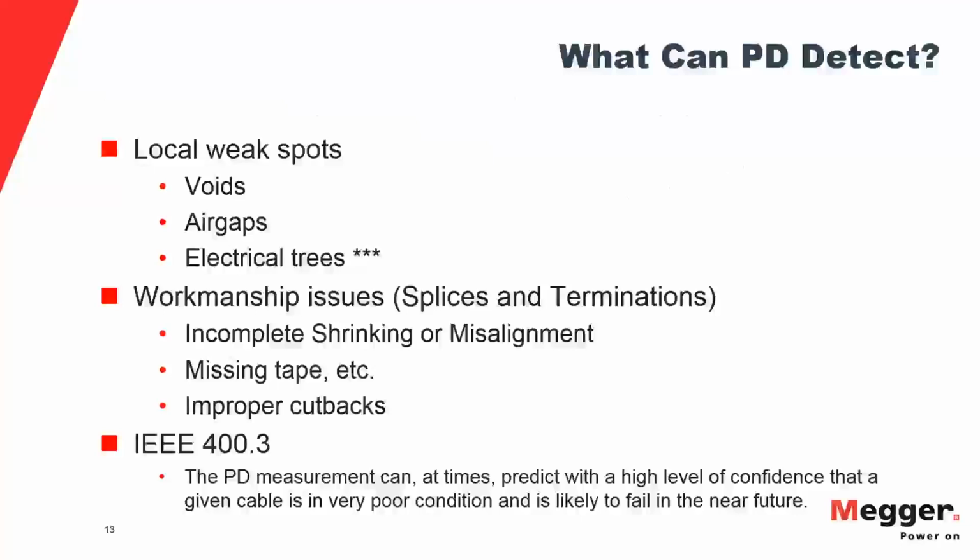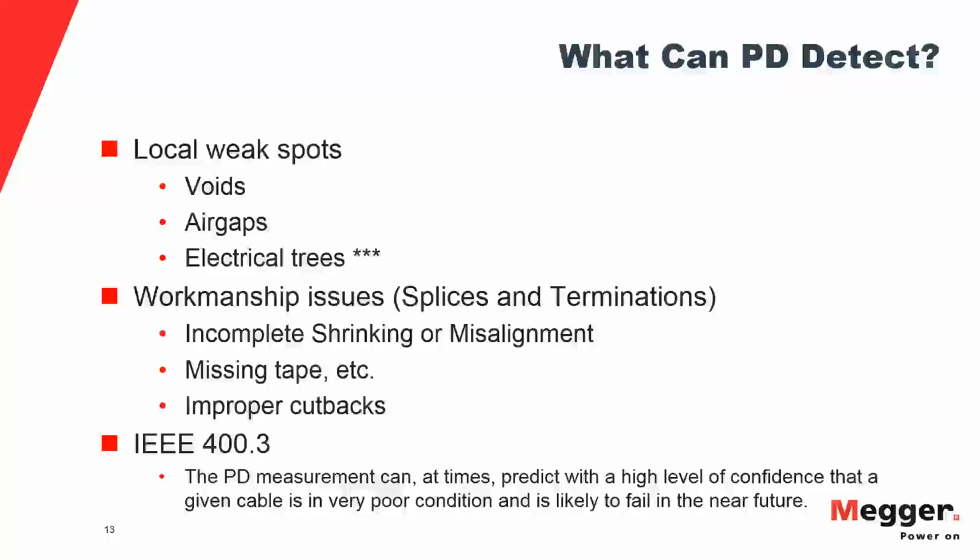For all of the local issues, we can use a VLF withstand test to find those as well. And for the distributed global issues, we use our tan delta testing. But what we find is that partial discharge is extremely good at locating problems in terminations and splices as well. So that's where partial discharge fits in the grand scheme of things, especially suited for splices and terminations.